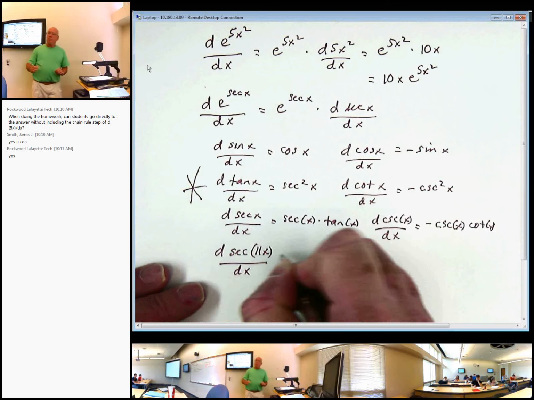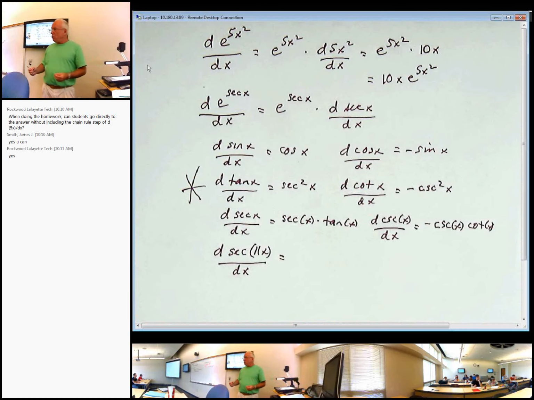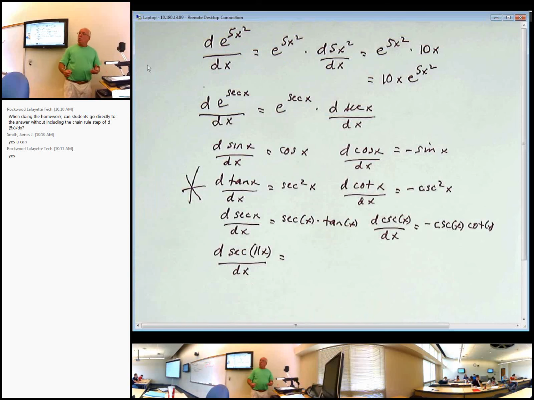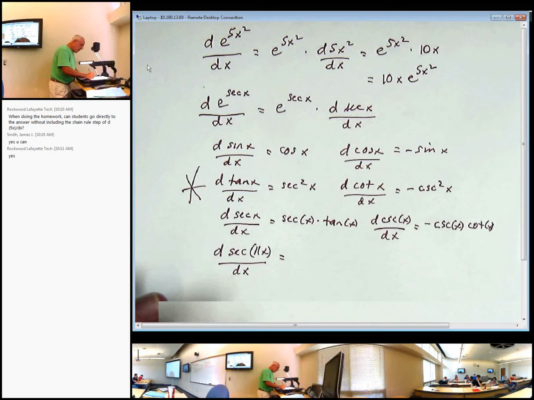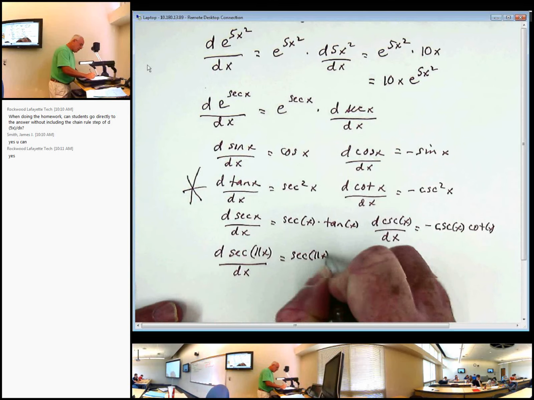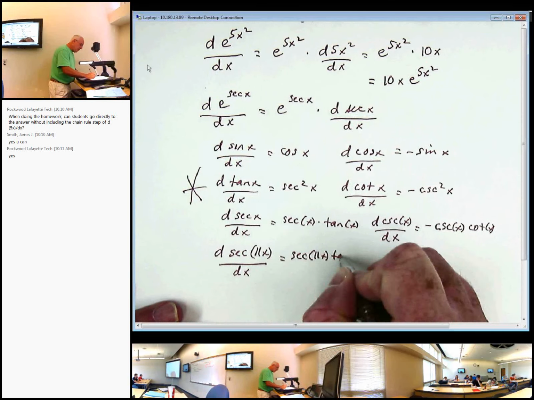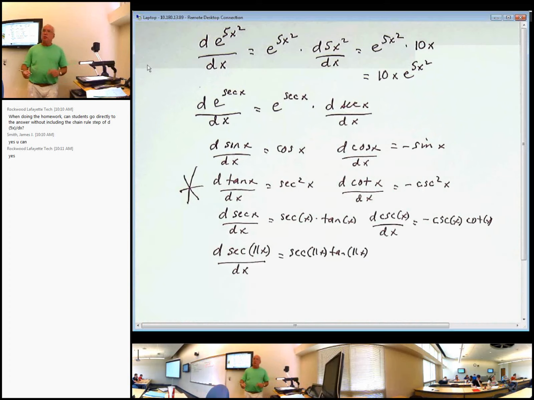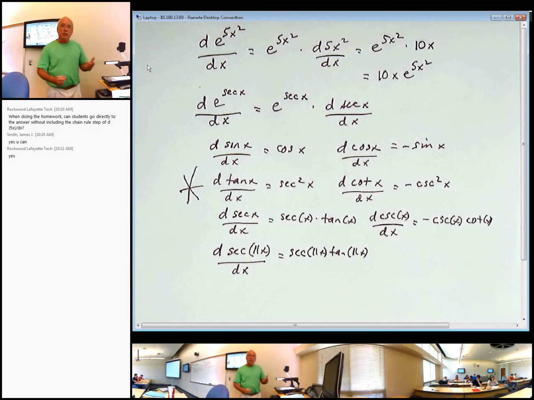All right. So we have to use the chain rule. We know that the secant derivative is the secant times the tangent, right? So we do the secant of 11x times the tangent of 11x, but we're not finished. We then have to multiply by the derivative of the inside function 11x, which is 11.